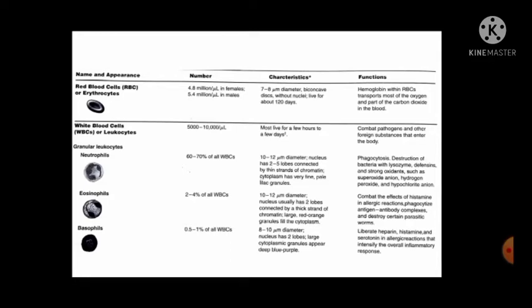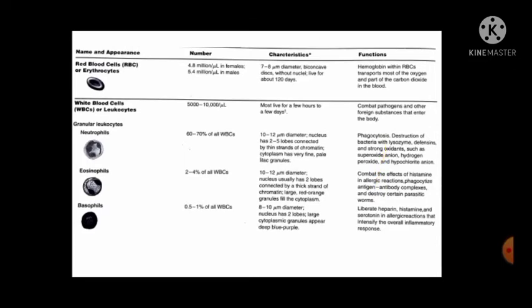They live for a few hours to a few days, and combat pathogens and other foreign substances that enter the body. Leukocytes are differentiated into granular and agranular. Granular contain neutrophils, eosinophils, basophils, and agranular leukocytes contain lymphocytes and monocytes.